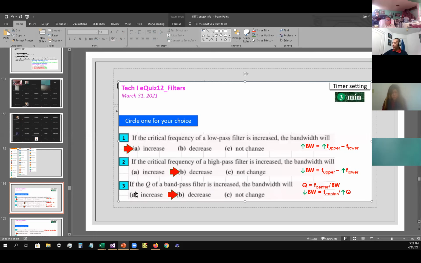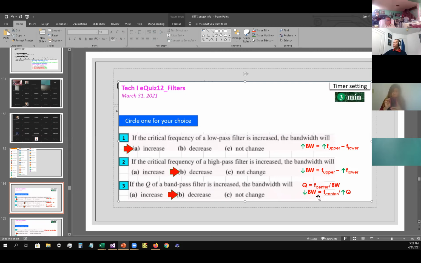Okay, and then number 3, if the Q of the band pass filter is increased, the bandwidth will... Okay, so you have the formula: Q equals F center divided by your bandwidth.